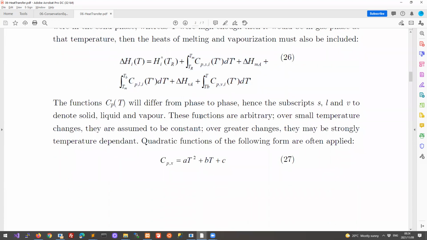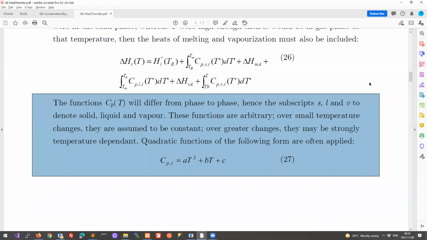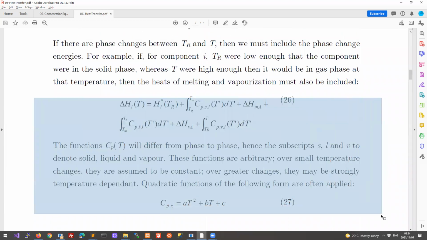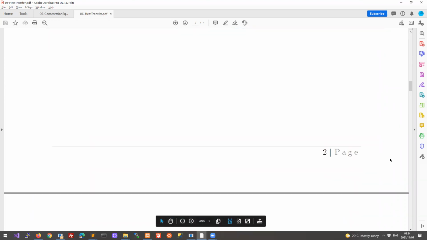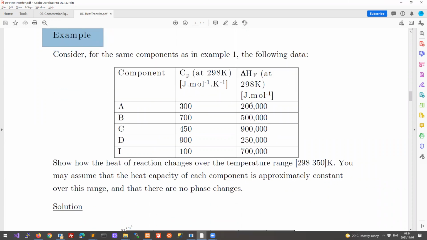Right now, once we have that, by the way, we've already made these comments about weak dependence and so on. So with these basic concepts in mind, we can go ahead and apply this to the case of heat transfer. For working through this a bit better, there's this example here. It's showing a mixture of 5 species and you are given the heat capacity, and it's assumed to be constant. You're given the formation heats.